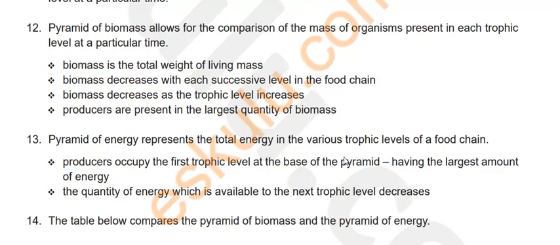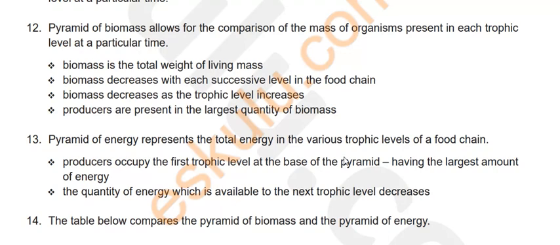Biomass is the total weight of living mass. Biomass decreases with each successive level in the food chain. The biomass decreases as the trophic level increases. Producers are present in the largest quantity of biomass.